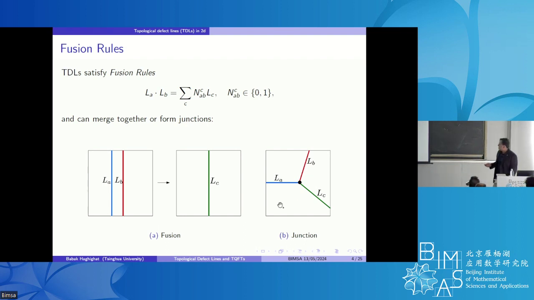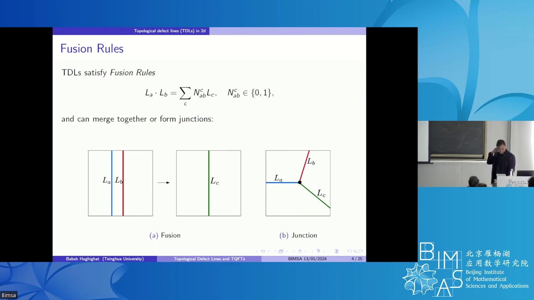Okay? Can I ask you a question? Sure. When the LA and LB come together, if I think of this two-dimensional square as a lattice, and if I think of the blue line and the red line as the ones that flip the spin somehow, you're saying that when I'm adding all possible spin configurations, drawing red and blue is the same as deleting them and drawing the green, but with those coefficients.